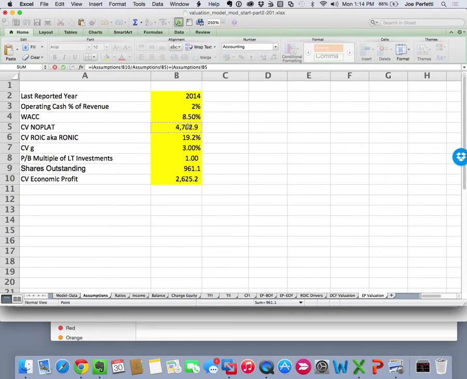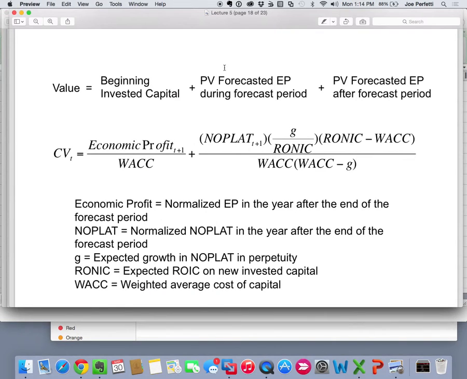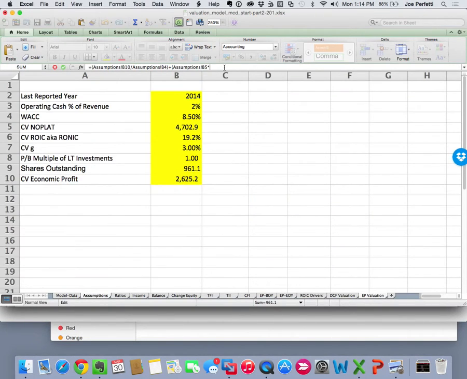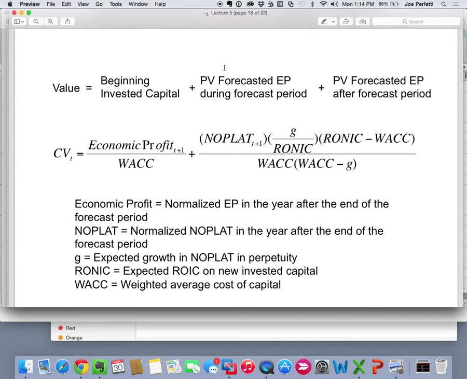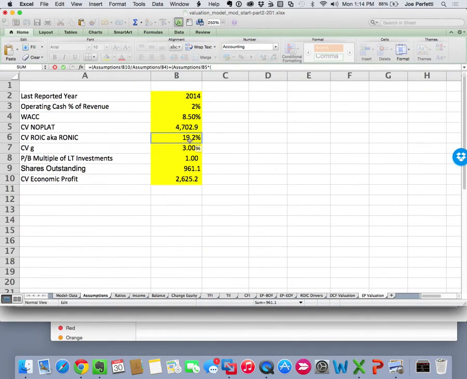Wait a minute. That doesn't look right. I took the wrong cell here. B4. There we go. So now plat times left paren. It's going to be the G. So CVG divided by ROIC, right paren.